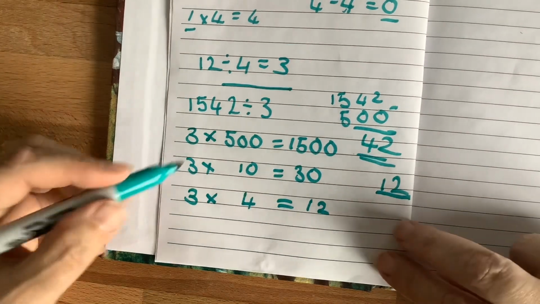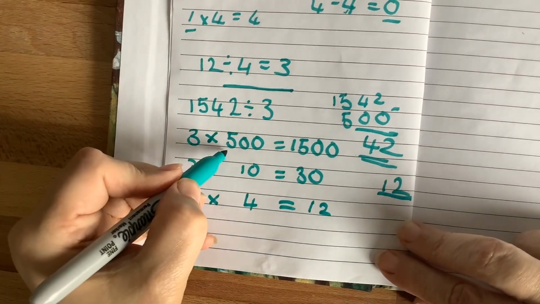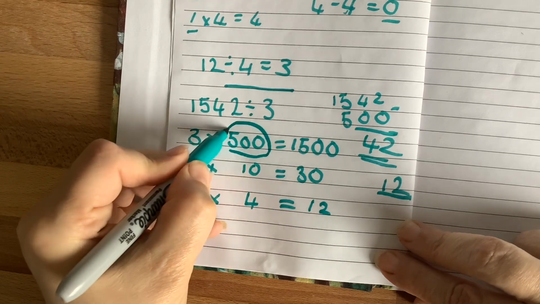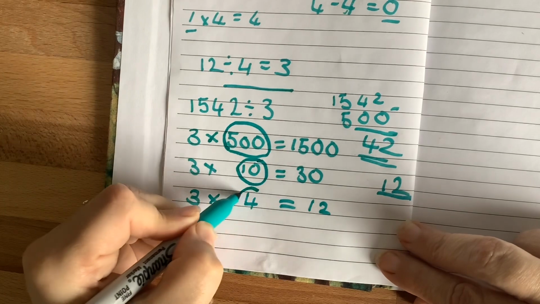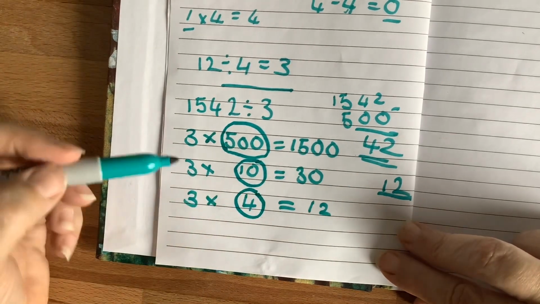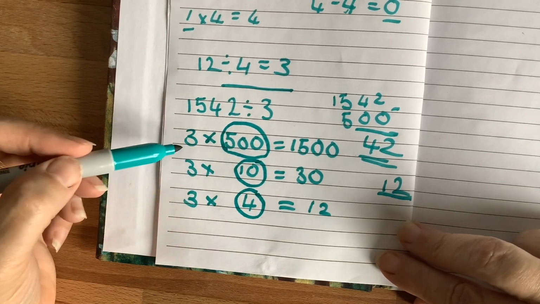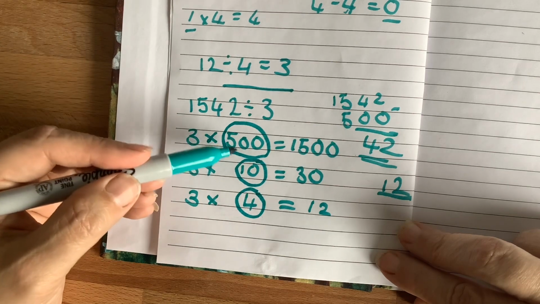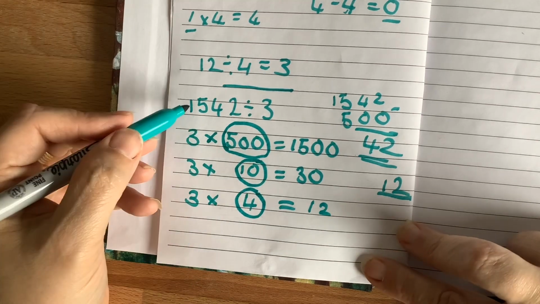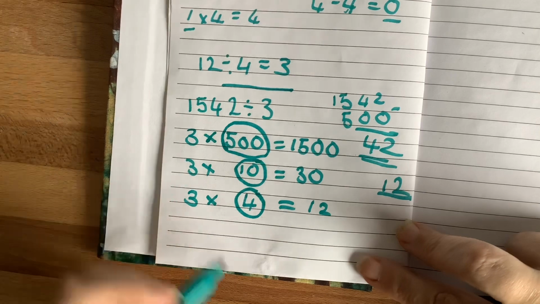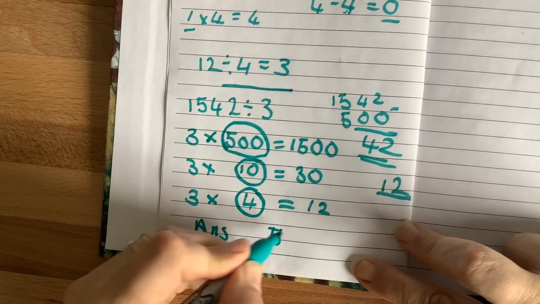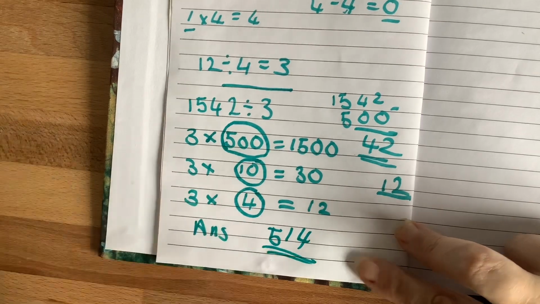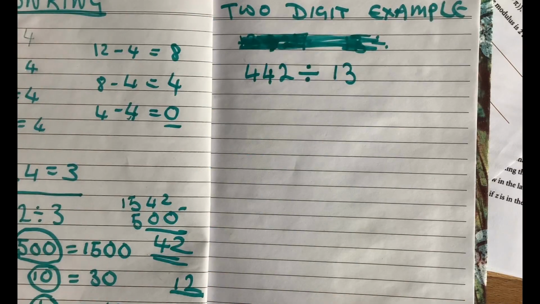So how many times have I taken 3 away? Well, I'm going to circle them, and I recommend that you get children to circle them to make sure that you add up the right things. I'm going to take away 3 514 times. So 1,542 divided by 3 must be 514. Done.